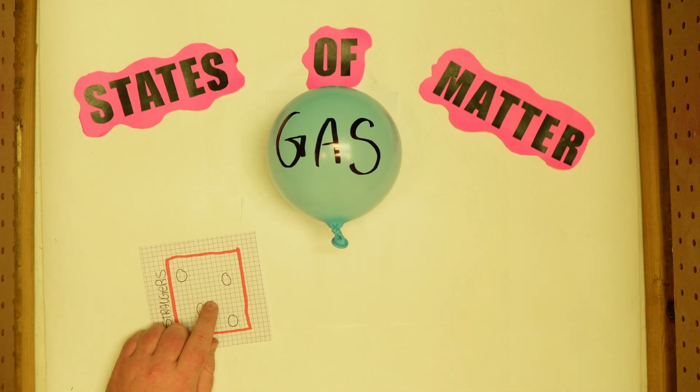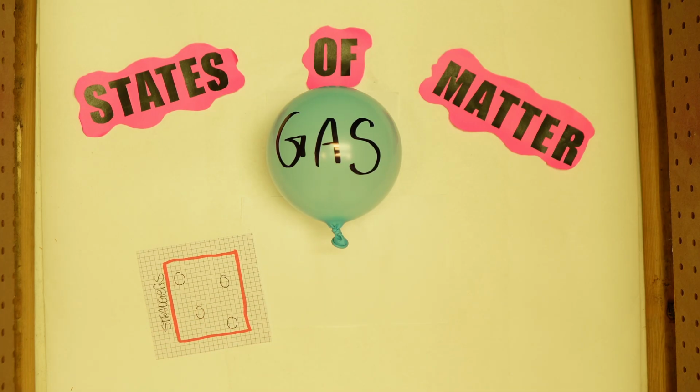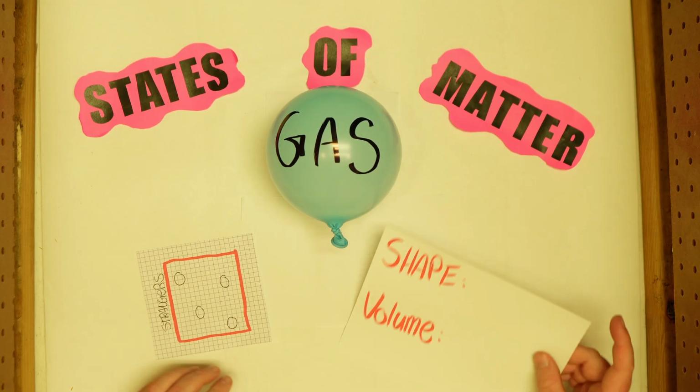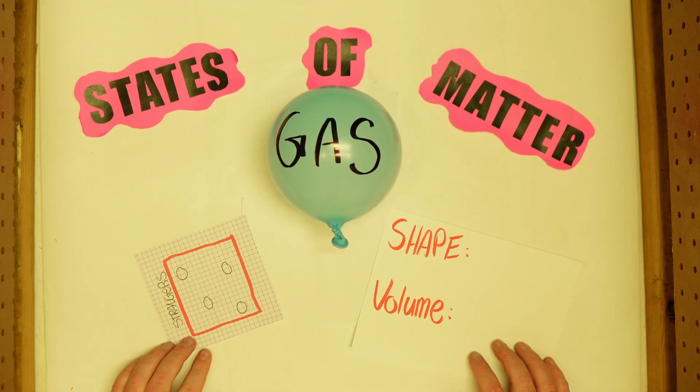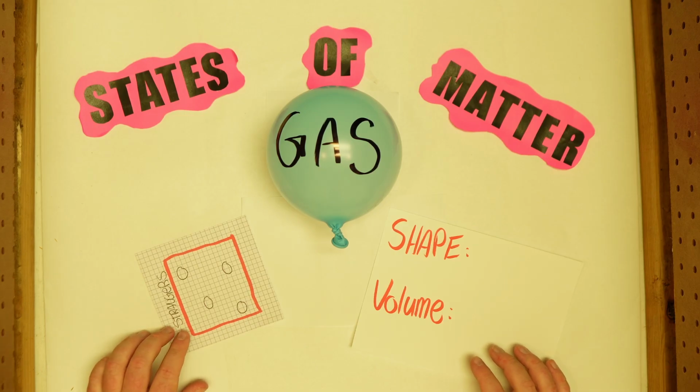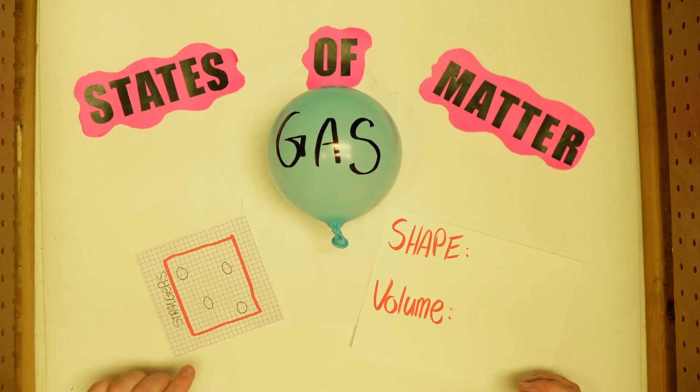But how does the arrangement of these atoms, or of these particles, impact the shape and the volume of a gas? Well, one thing about gases is because the particles are so spread out, we can consider them to be compressible. Oxygen tanks that divers use are a good example of gases being compressed into a new container. So what would happen to the shape and the volume?